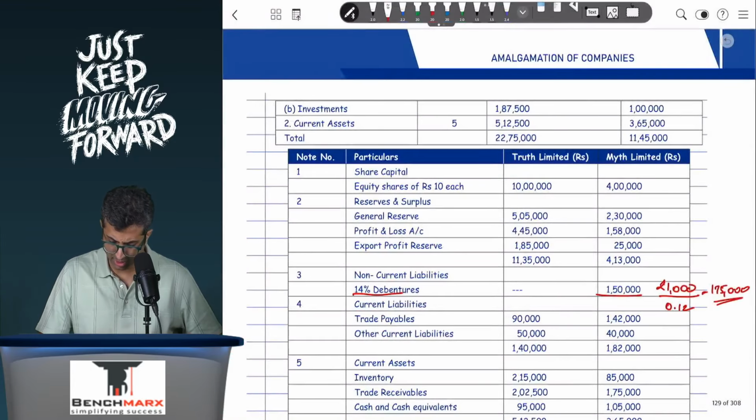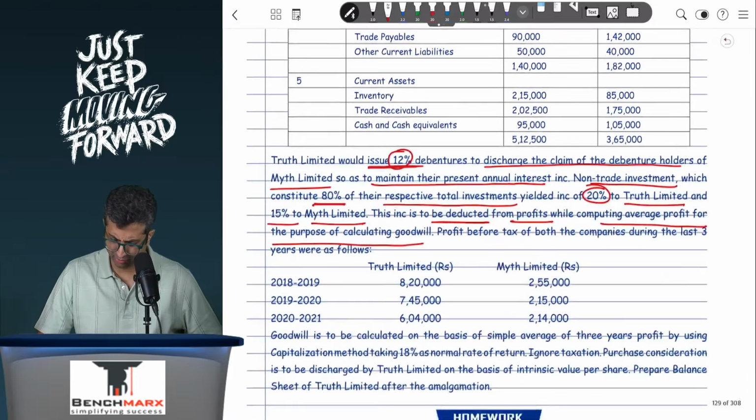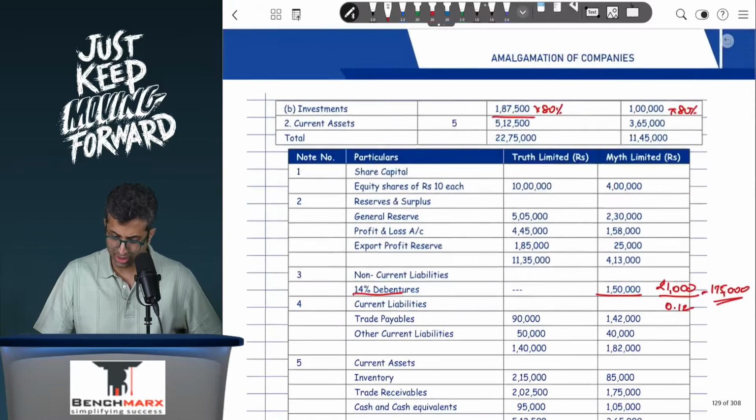If you look at your investments, 187,500 into 80%, the non-trade investment will constitute 80% of the total investment, yielded 20% to Truth and 15% to Myth. So over here 187,500 into 80% into 20% comes to, I think, 30,000 of income, and 1 lakh into 80%, that is 80,000 into 15%, 12,000 of income. This I will have to deduct.